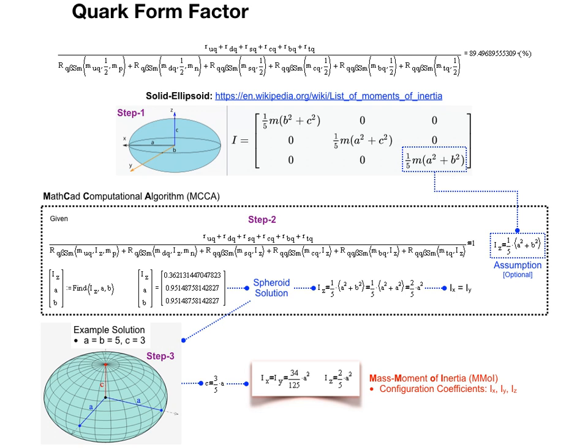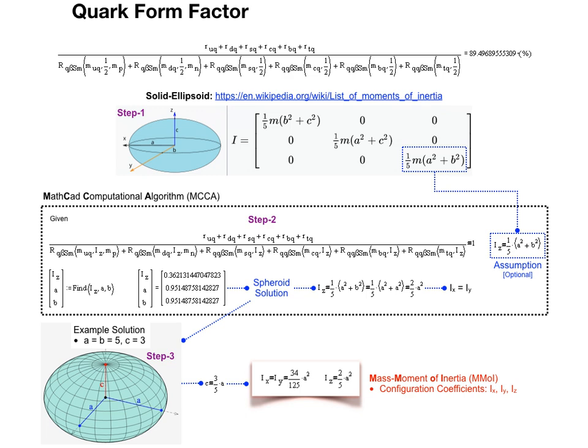Please note that the averaging coefficients vanish from the equation, yielding the appearance of sums. Step 3. With the MathCAD computational algorithm having determined that the geometric solution is spheroidal, we assigned an appropriate set of axes scaling factors. In our example, we have scaled C to be 3/5 of A.